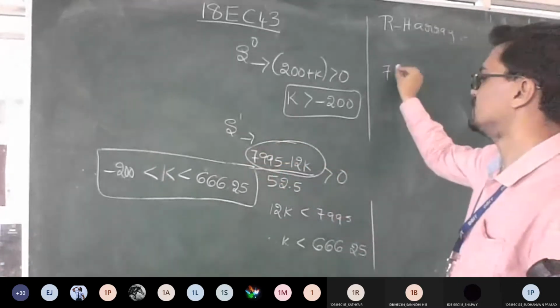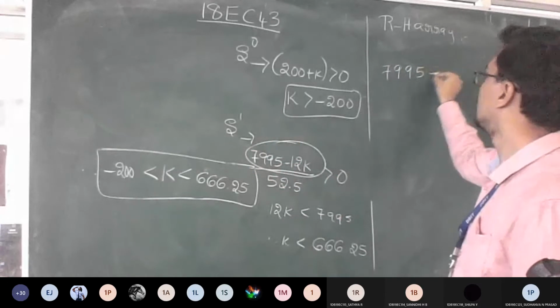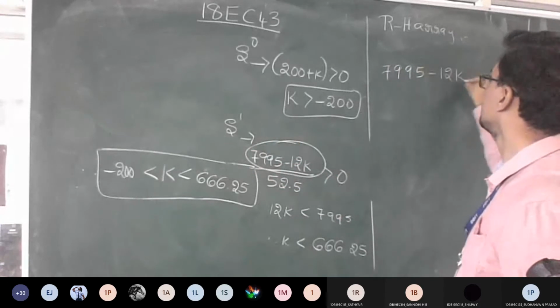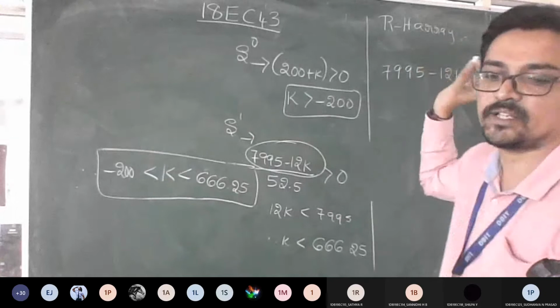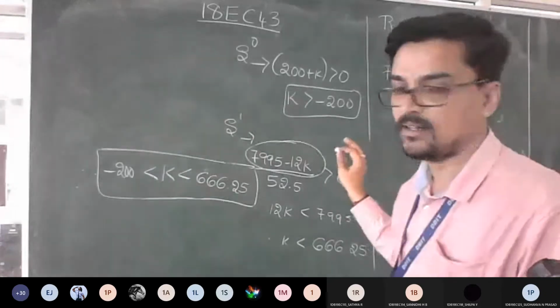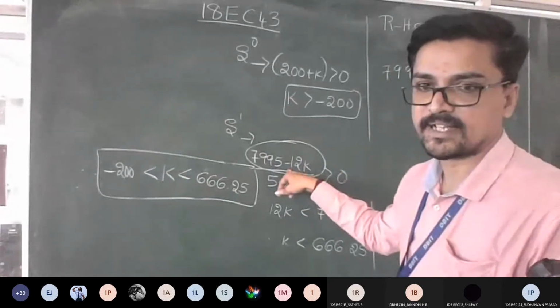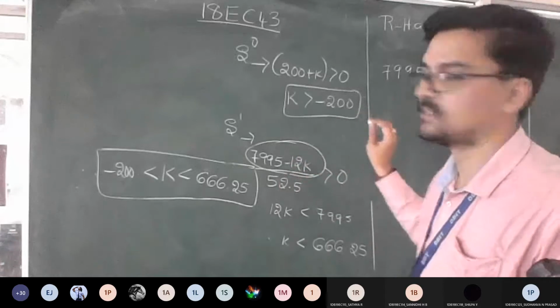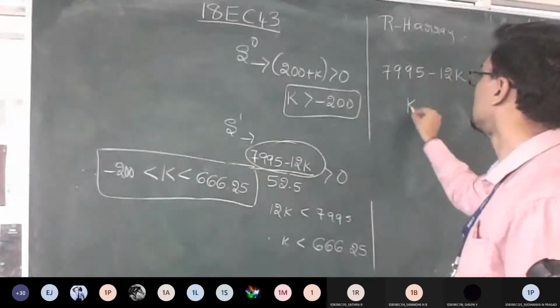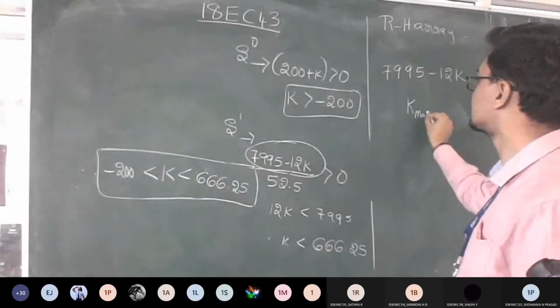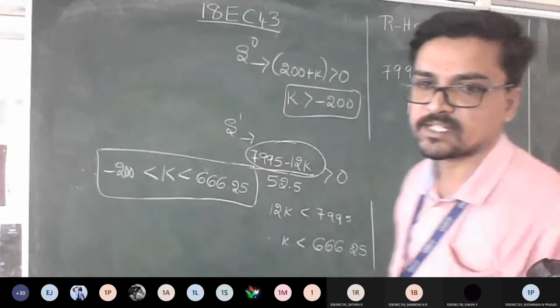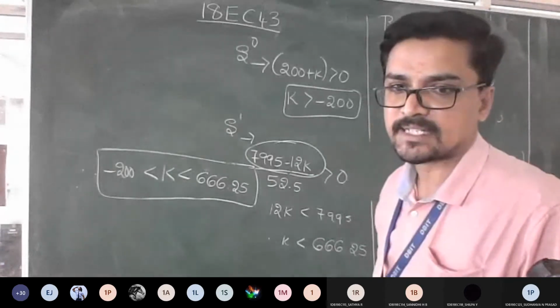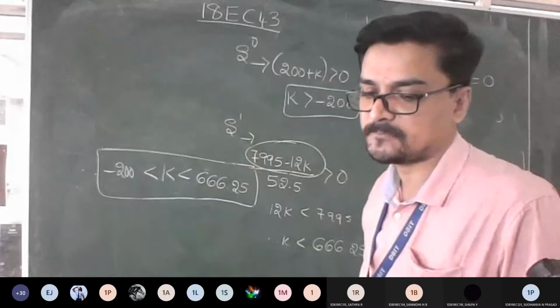That is 7995 minus 12k equals 0. That is the only thing you're supposed to do, guys. Nothing extra here. Just pick this s power 1 coefficient and equate it to 0. Whatever answer you get, that itself is called the marginal k or sustained oscillation k. How much is that?